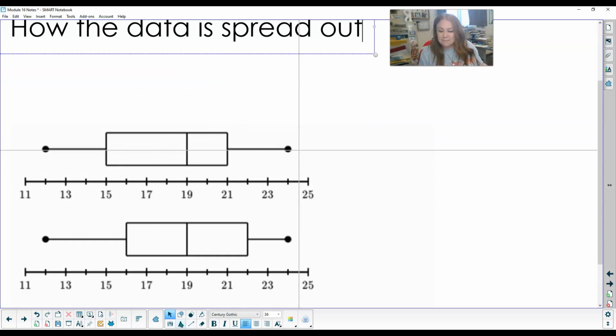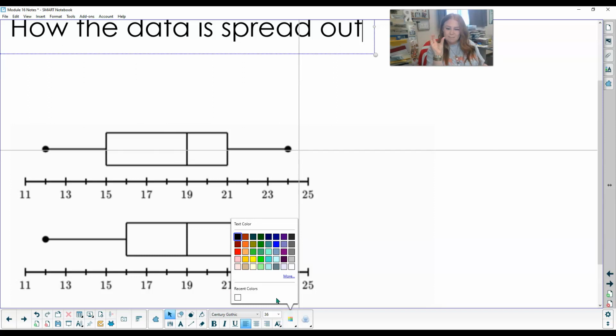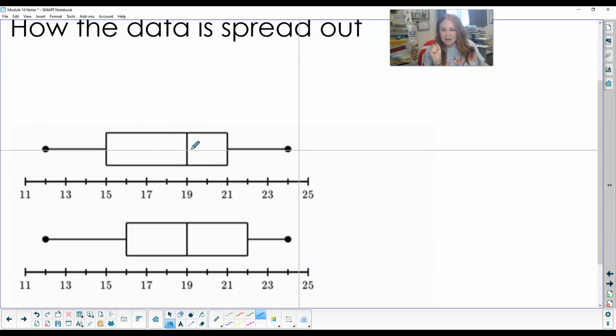So this one here, I always like to look for where is it most compact together. So right here, I can see is probably the squishiest part of it. So from 19 to 21, you're going to have a group of data. That's where you've got a packed in group. I'm going to stop writing with that marker and type instead.